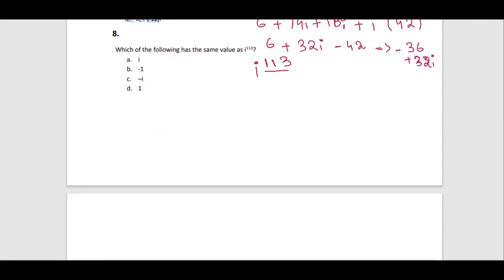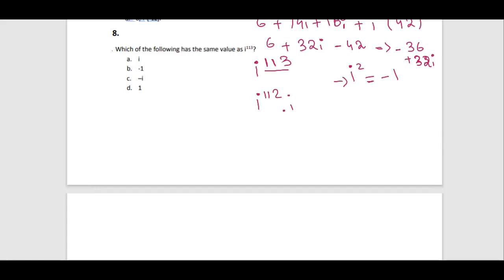But let's just recall that i square is -1, right? Okay. So we know that i square is -1, and we can break down this i to the 113 as i to the 112 into i. I did this because I know that i squared is equal to -1, right?